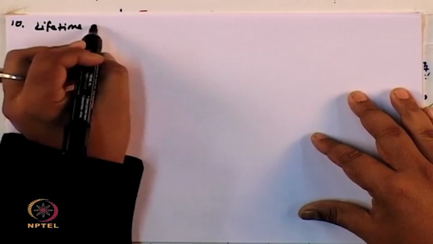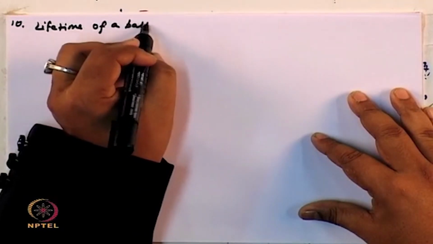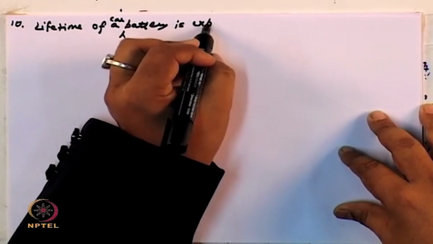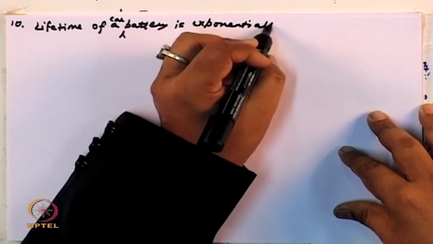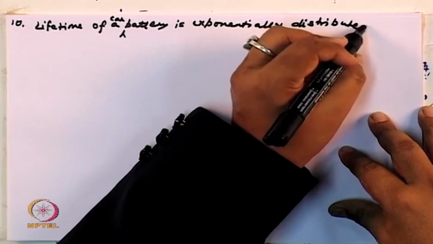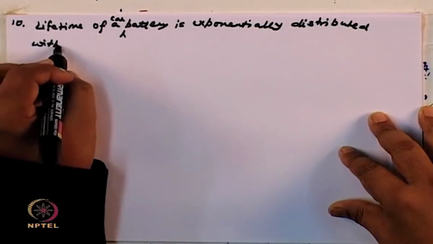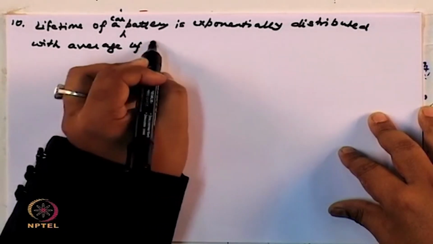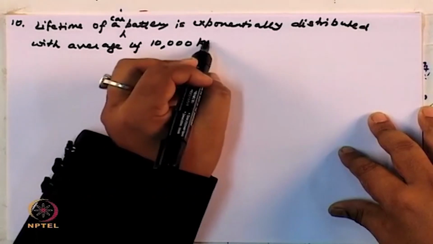Let us take one particular example to discuss how it is useful. Let us say the lifetime of a car battery is exponentially distributed with an average of 10,000 kilometers.